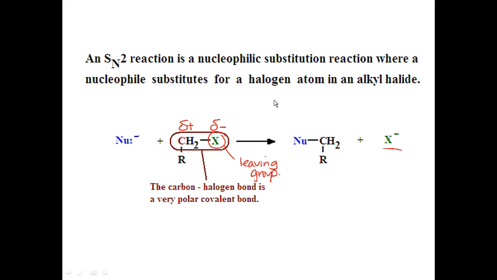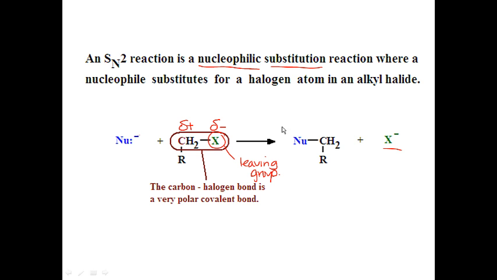So the reason that we call this class of reactions nucleophilic substitution is because I'm substituting a nucleophile for a halogen, and in the process I'm really substituting one nucleophile for another. Okay, so this halogen that is leaving is called the leaving group. That's a term that we'll use over and over again, the idea of the leaving group.